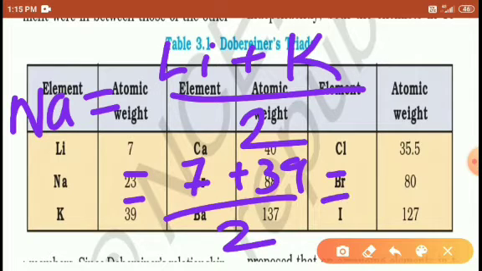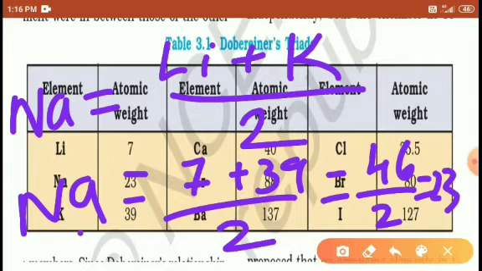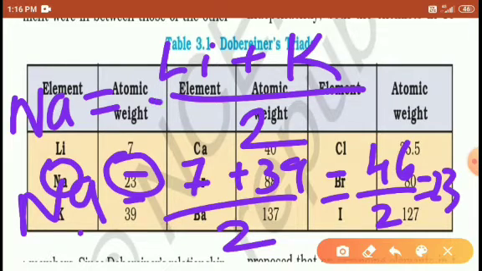Yes, friends, we get 46 divided by 2, that is 23. It means the middle element's atomic weight is equal to the average atomic weight of the first and third elements. Look here, the sodium atomic weight is 23.